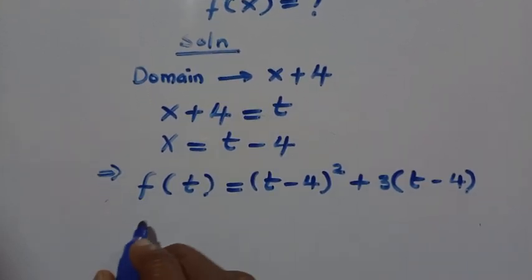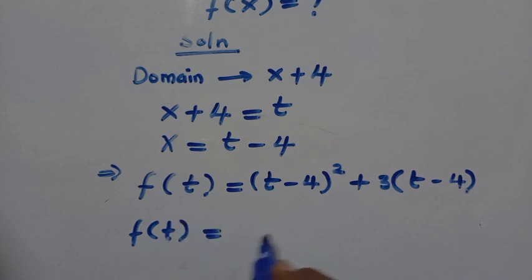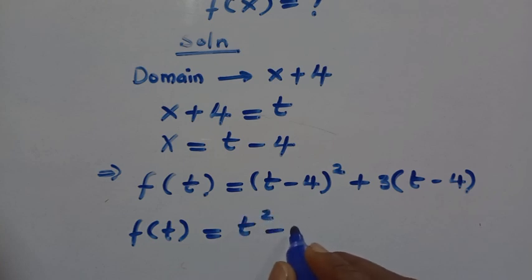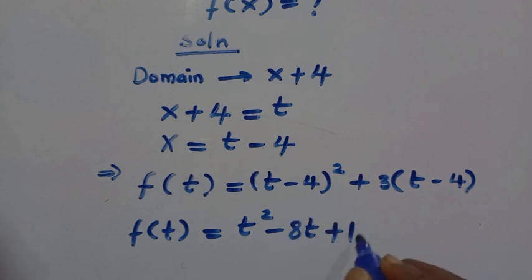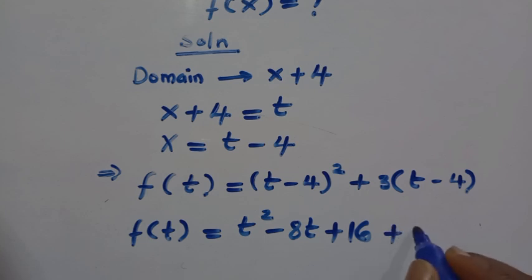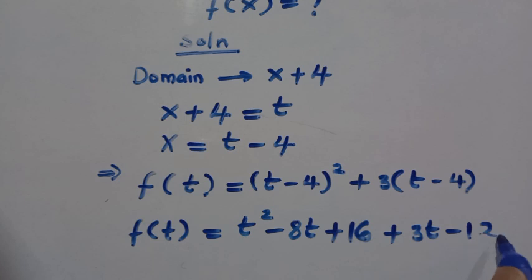Then let's try and expand this out. So t minus 4 squared is in the form of t squared minus, so just like we expand it, 2 times 4t, minus 8t plus 16, then here is plus 3t minus 12.